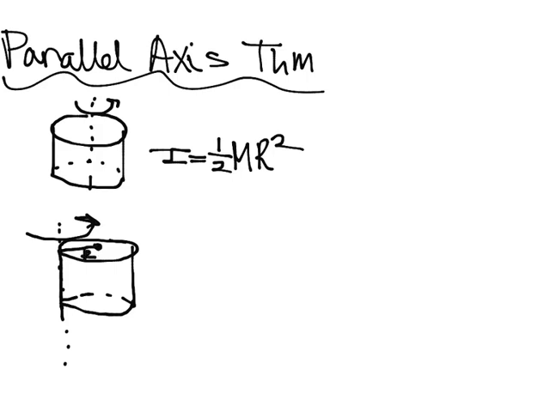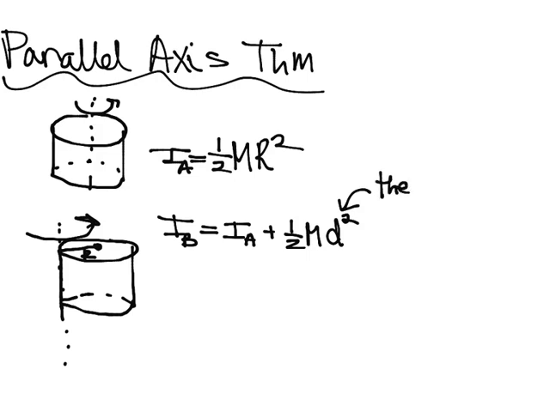To calculate the new moment of inertia, we use the old one: IB is equal to our original one, IA, plus md squared, where d is the distance the axis of rotation has been moved.